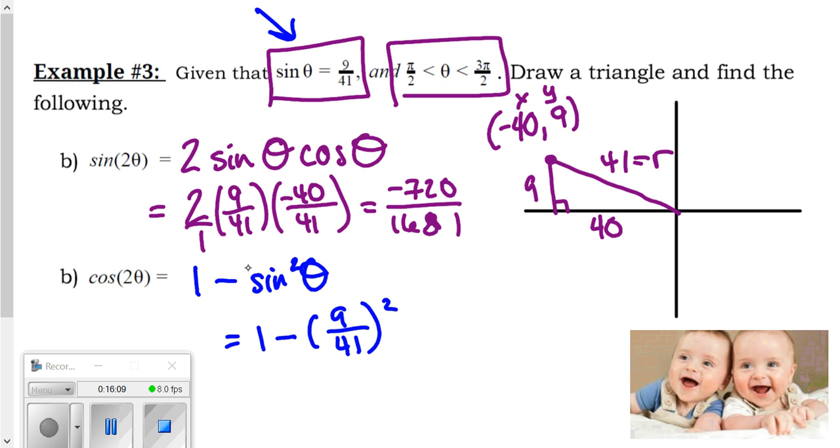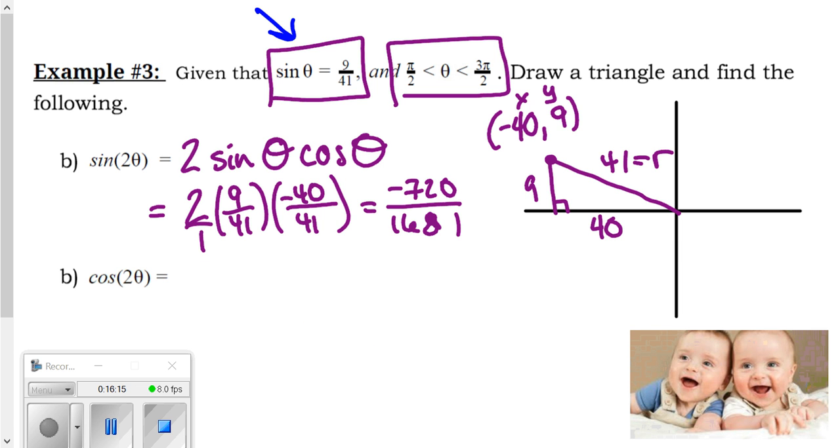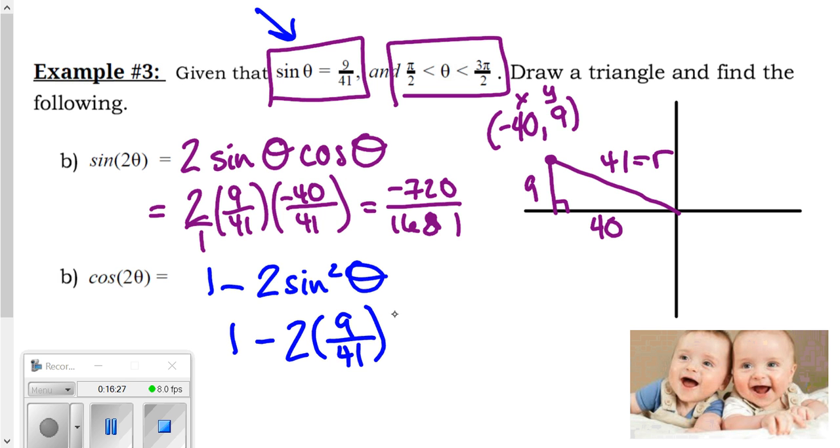Oh, wait, I forgot a 2. Oh, heavens, I'm not going back to redo this video at this point, my friends. Sorry about that. Oh, my goodness, I was thinking about Pythagorean or something. Oh, my goodness. 1 minus 2 sine of theta squared. Sorry. Were you having a heart attack about that? If so, good job. You care about the math.